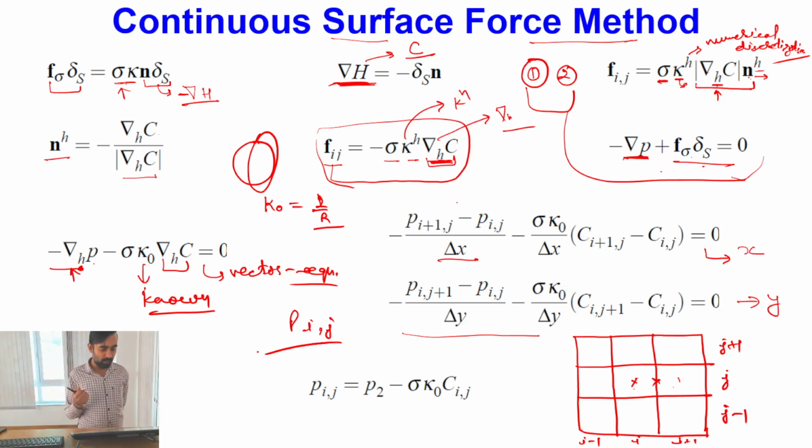After that, I can consider that my cell i,j is lying within the fluid particle, and the other cells, which are i+1,j and i,j+1, are lying outside the fluid domain.